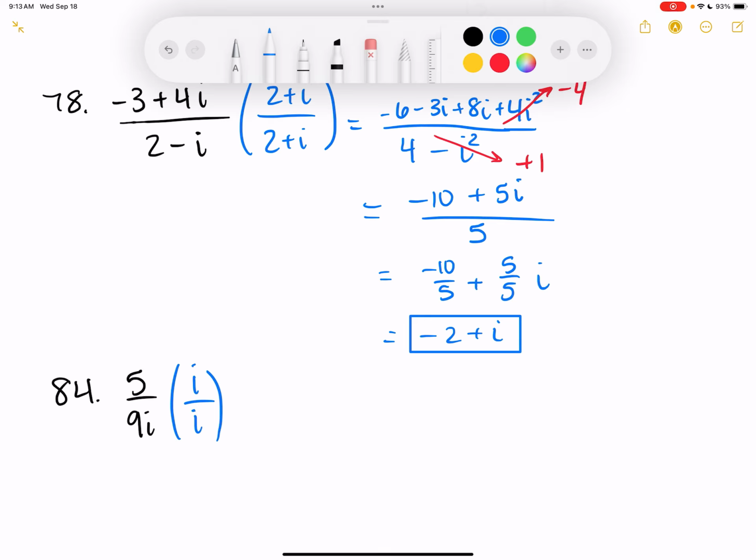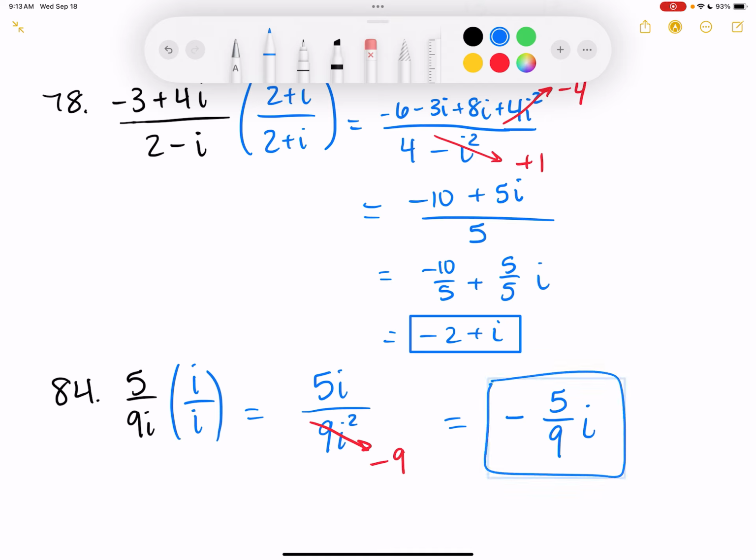So when I multiply this, I get 5i on top over 9i squared on the bottom. But i squared is -1, so this is going to become -9. So my final answer is going to be -5 over 9 times i. This one just doesn't have a real part to it.